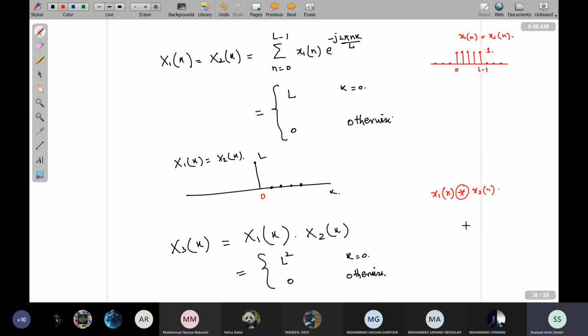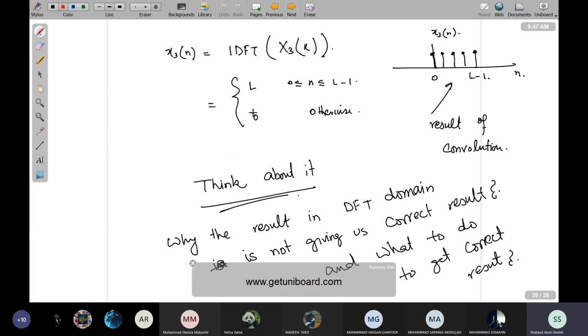That is nothing but the IDFT of x3 of k. So we take x3 of n, which is the IDFT of x3 of k, that is equal to L between 0 and L minus 1 and 0 otherwise. You can confirm this.